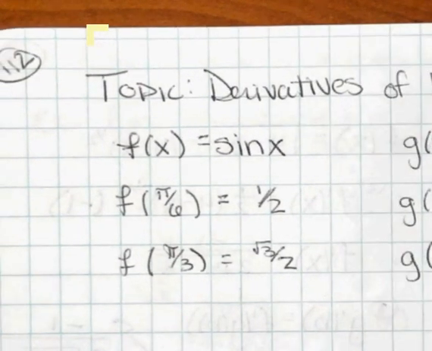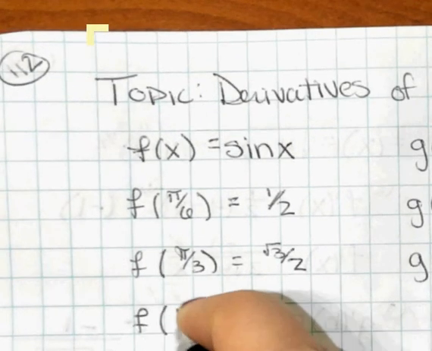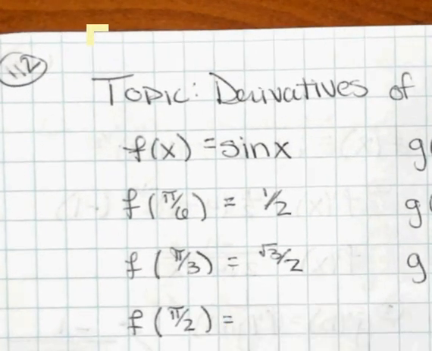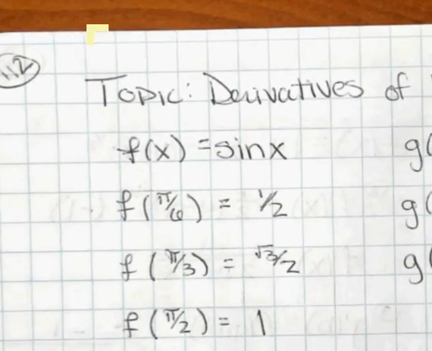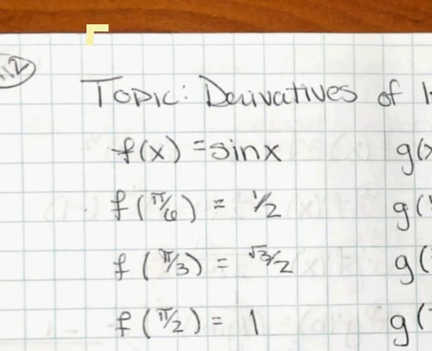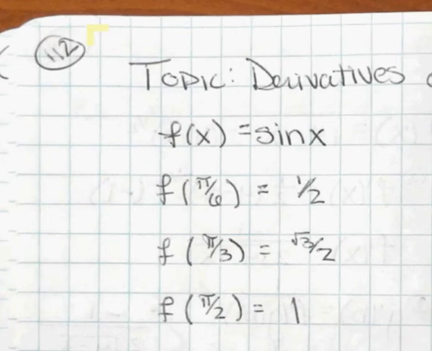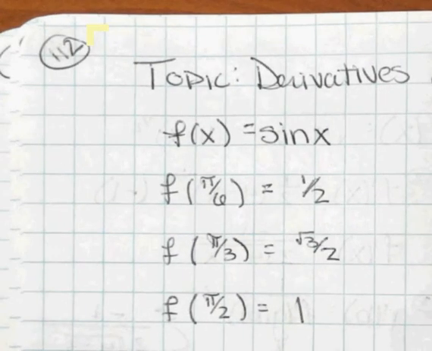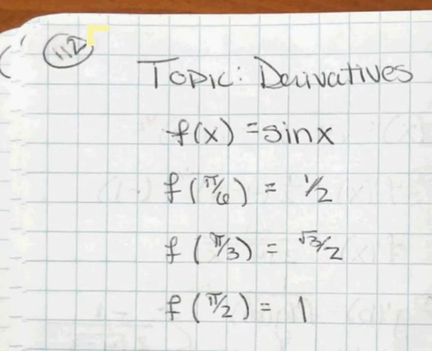And then lastly, f of pi over 2 would be equal to what? What's the sine of pi over 2? It's 1. And then g of -1/2. So when is sine -1/2?